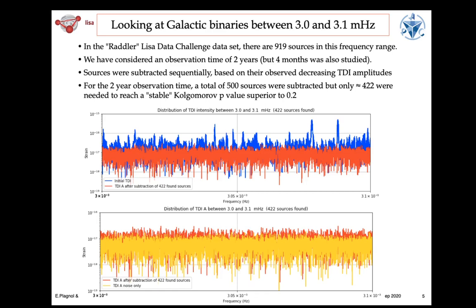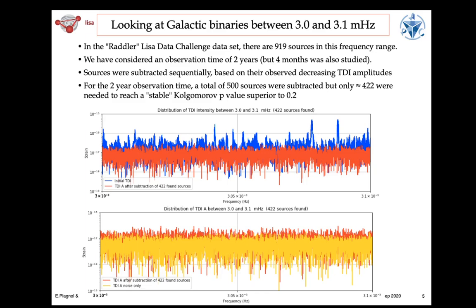We can compare this red distribution with the yellow distribution below, which represents the TDI noise, instrumental noise only. And here we see that the red distribution has a mean level above the yellow one, indicating that we are indeed in the presence of a confusion noise due to the galactic binaries.